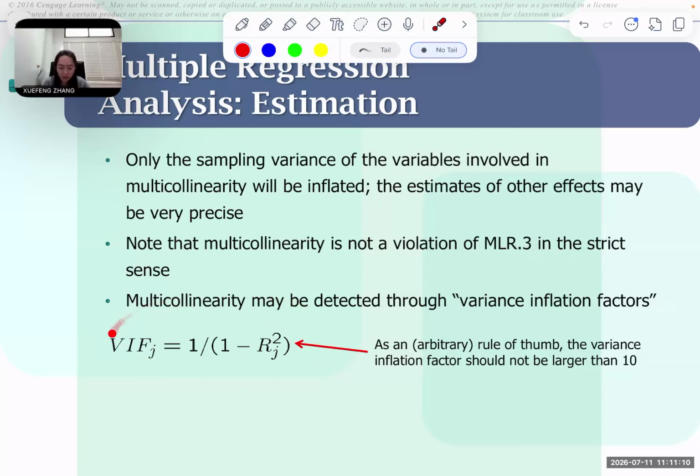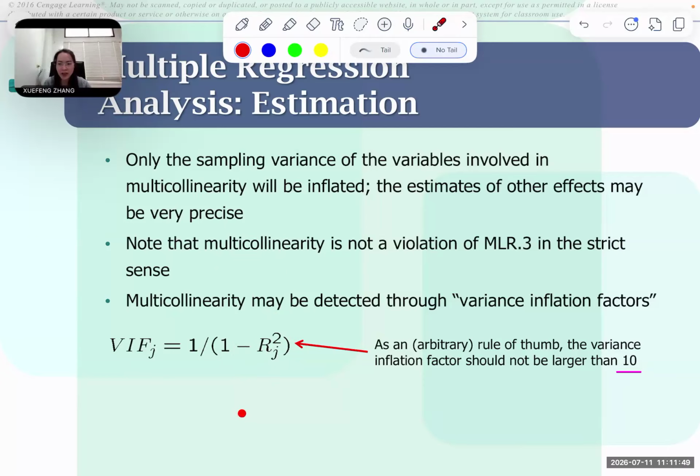So here is the formula for VIF. As an arbitrary rule of thumb, the variance inflation factor should not be larger than 10. So 10 is the threshold value for VIF. Notice here, this connects directly to Rj squared we just learned.